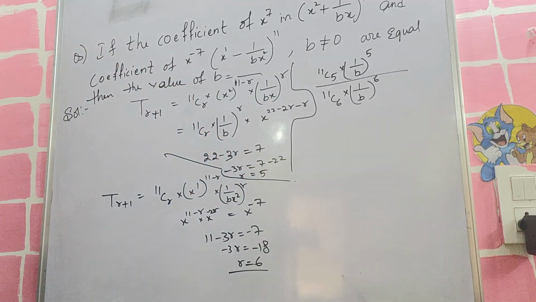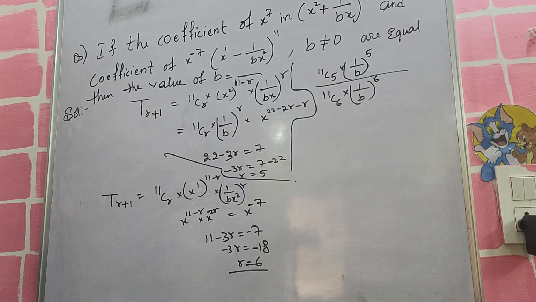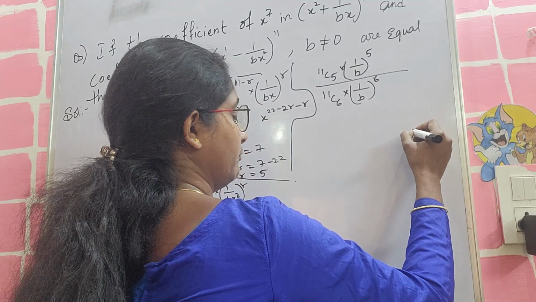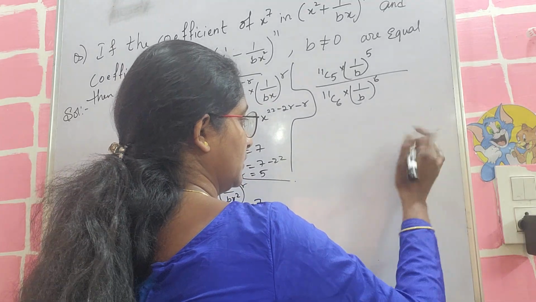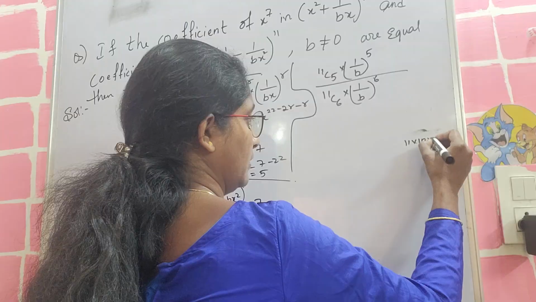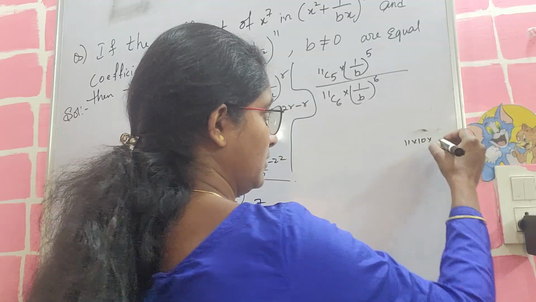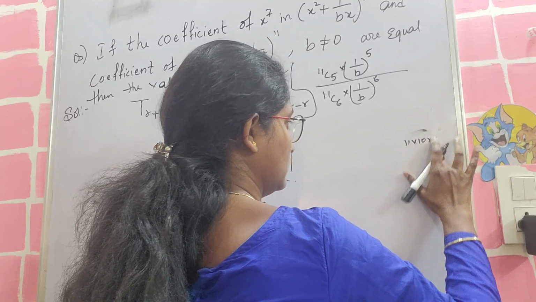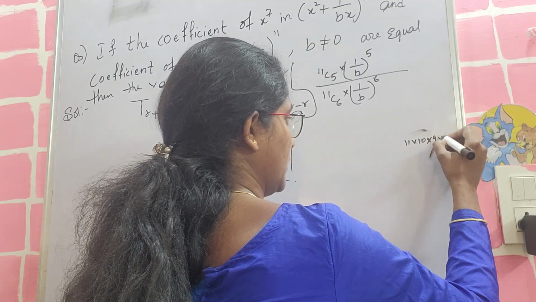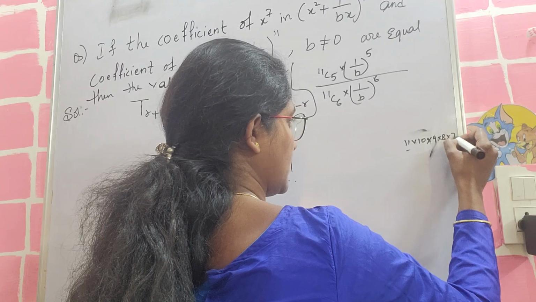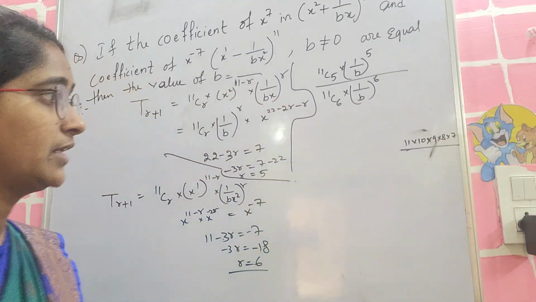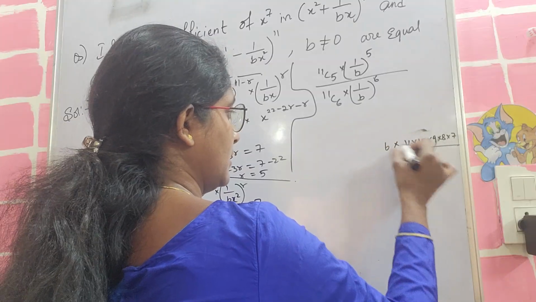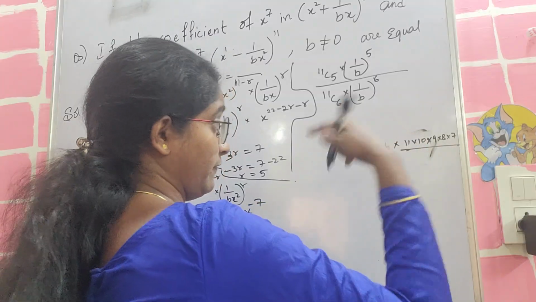Then finally, what is your answer over here? Here I'm going to get it as, so I'll calculate 5 terms: 11, 10, 9, 8 and 7 terms. 5 terms I got, and down also by 1 into 6 is here, and here I'm going to get 6 terms.